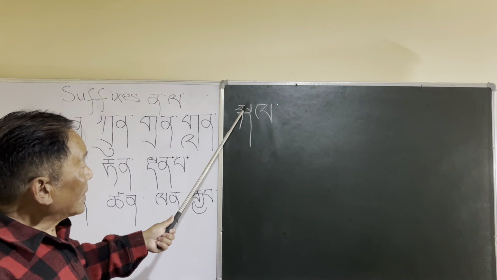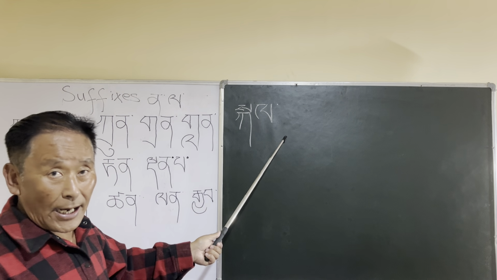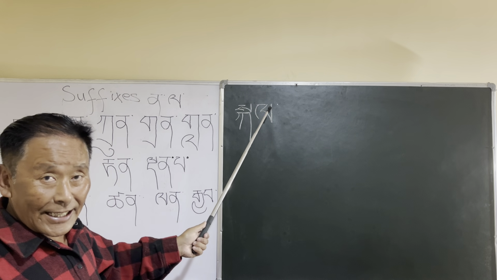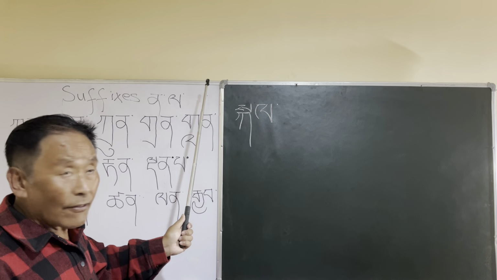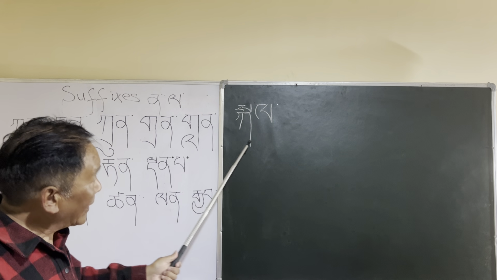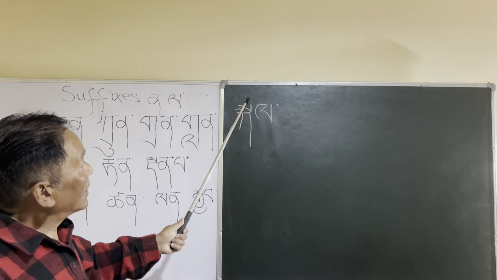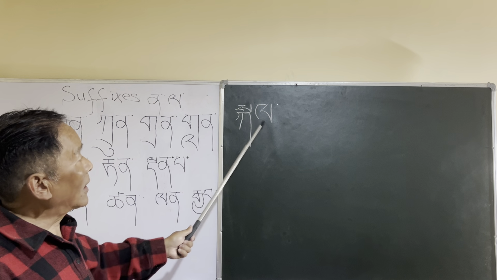Sa kata ka, and we see suffix la. La is to be pronounced. At the same time, you have to add imaginary vowel dingbo to it. So, sa kata ka la kel.